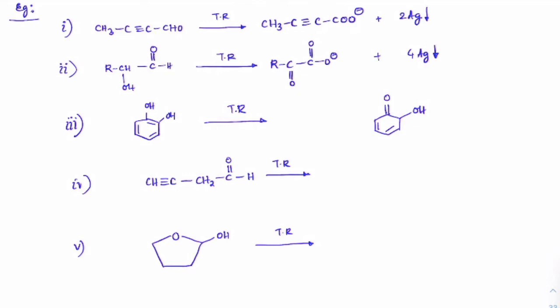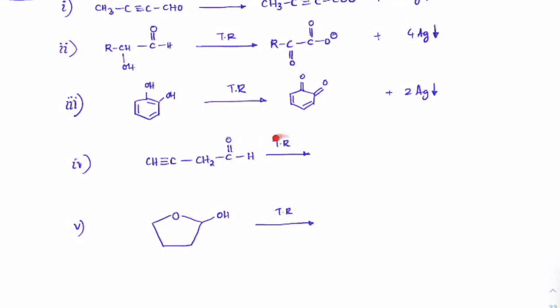On both the positions we can see this, and at the ortho position we have an alpha hydroxy ketone. So if you have an alpha hydroxy ketone, the reaction will take place and we will get this as the product. And this doesn't happen at para or meta. At ortho you will see this case.